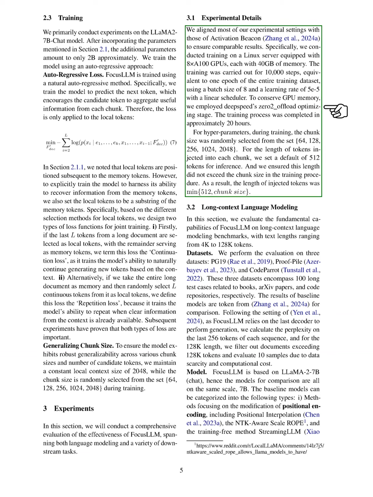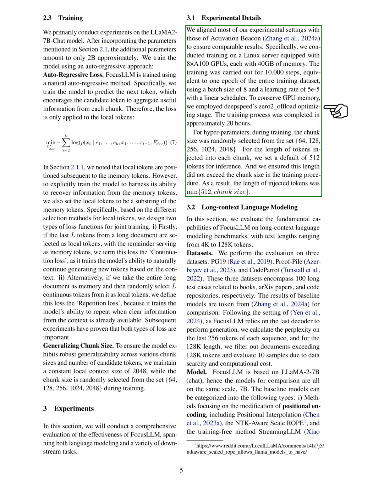We aligned most of our experimental settings with those of Activation Beacon for consistency. Our training took place on a Linux server with 8 A100 GPUs, each with 40 GB of memory. We trained for 10,000 steps, equivalent to 1 epoch, using a batch size of 8 and a learning rate of 5E-5. To optimize GPU memory usage, we employed a specific optimization technique.